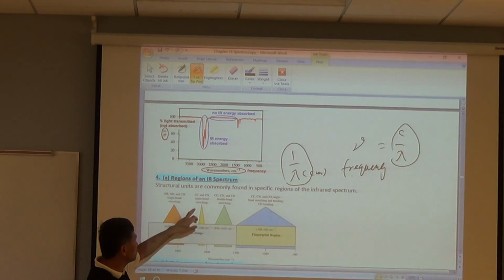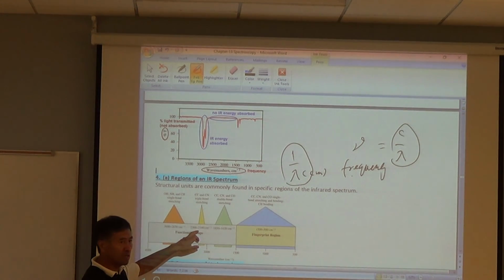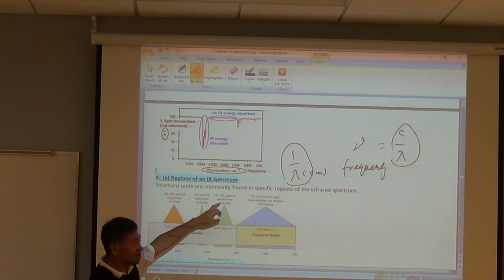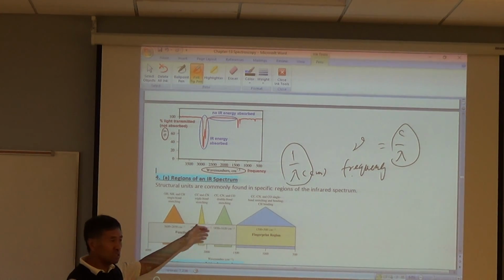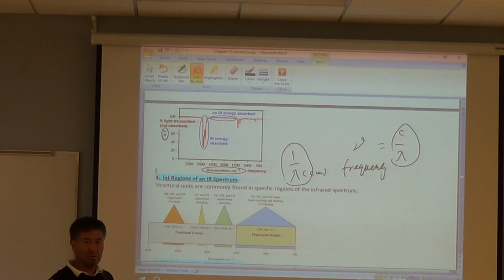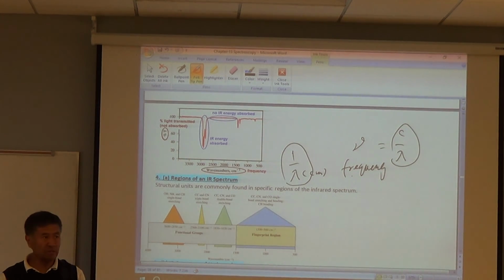So the CC triple bond has a higher wave number compared with the CC double bond. But even though CC double and triple bonds are very strong, the mass of carbon is not much higher than the mass of H. And you see those basic physical rules.